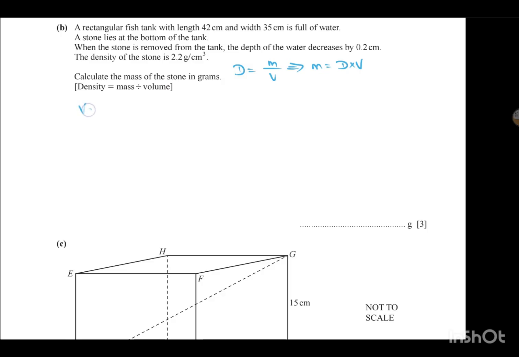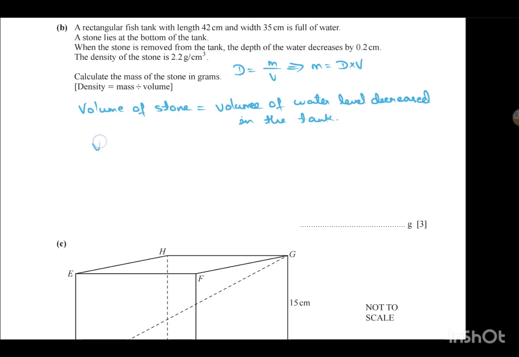So the volume of the stone will be the volume of water level which decreased in the tank.